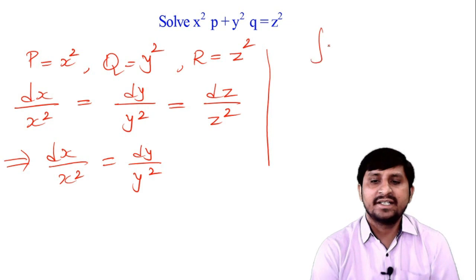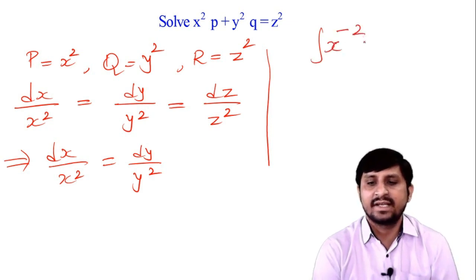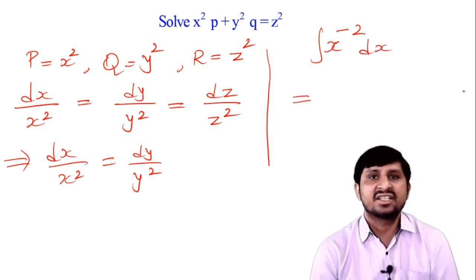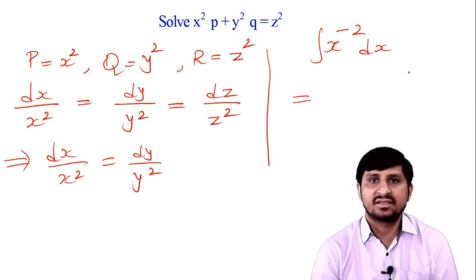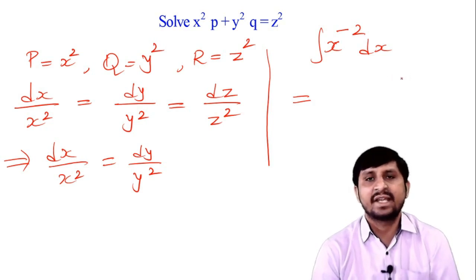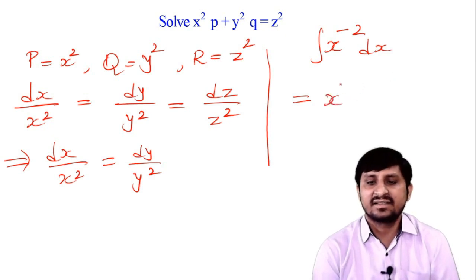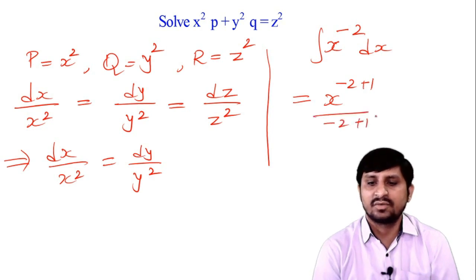This is exactly something like the integration of x raised to minus 2 dx. And the formula for x raised to n: integration of x raised to n is x raised to n plus 1 upon n plus 1. So this is x raised to minus 2 plus 1 upon minus 2 plus 1. Minus 2 plus 1 means minus 1, so this is exactly minus 1 upon x.